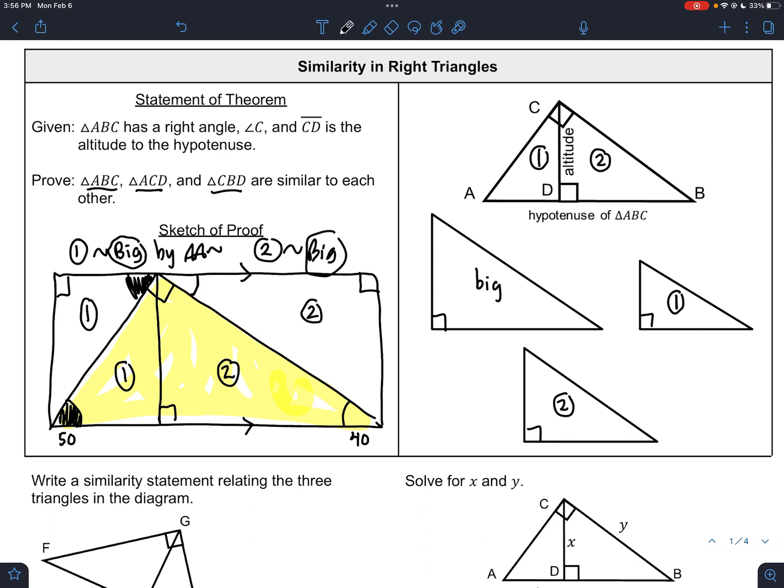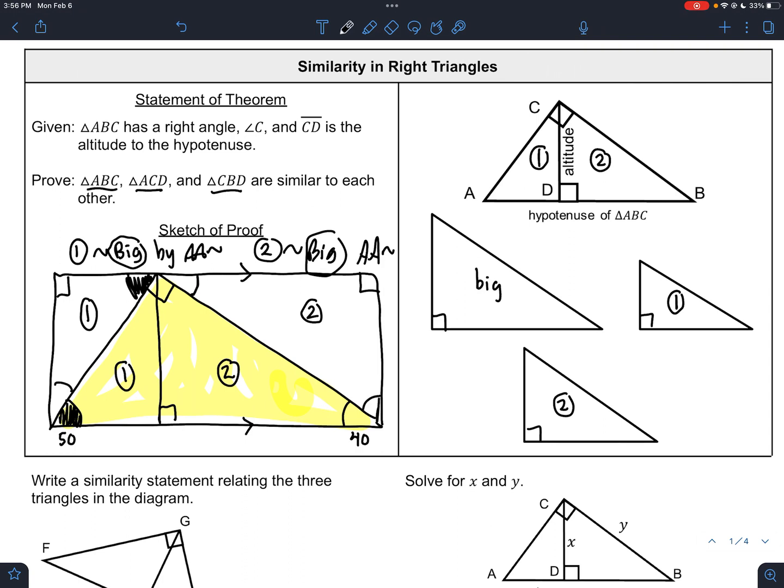And 2 is similar to the big triangle also by angle similarity, because they both have the right angle and the white angle, right and white right there. So because the big one is similar to both 1 and 2, that means 1 and 2 are similar too.